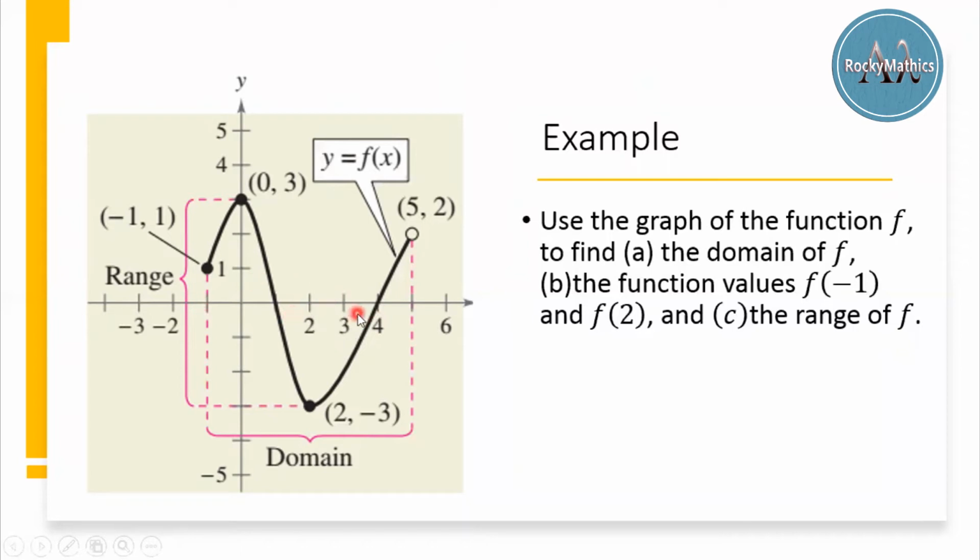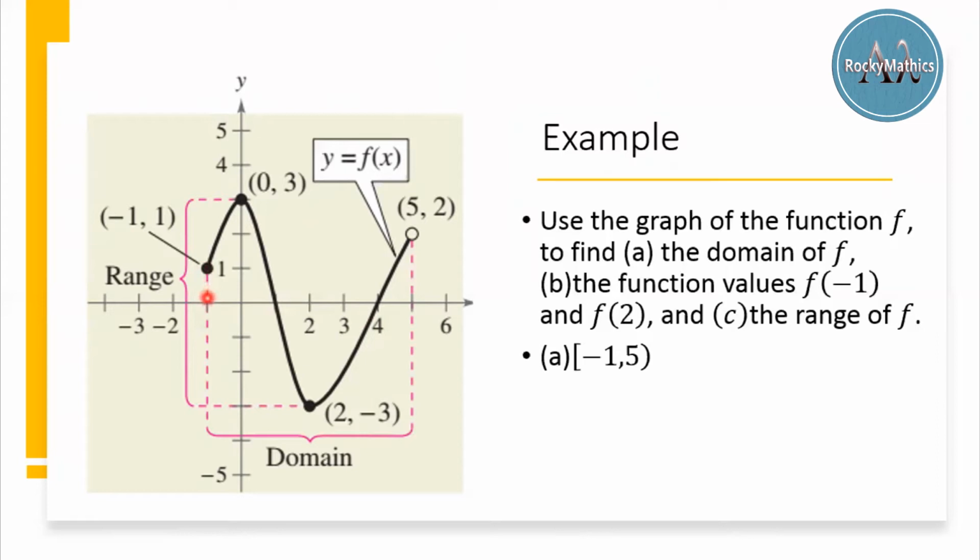So what would be the domain? The domain is the set of all x's in the interval, open as well as closed, because here it is shaded, meaning x is equal to -1 is included.